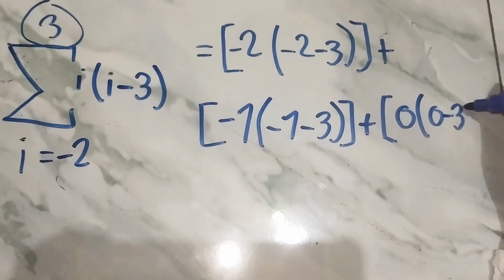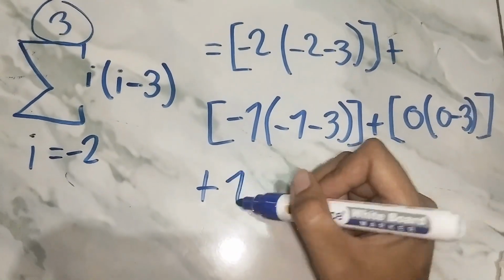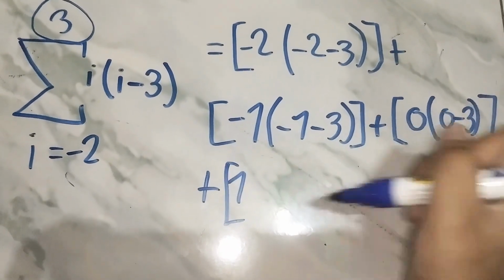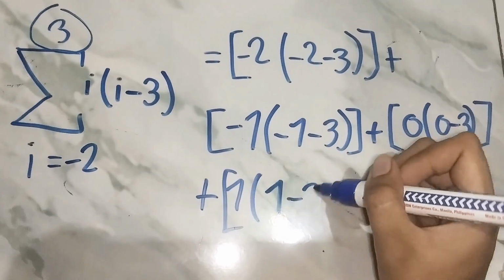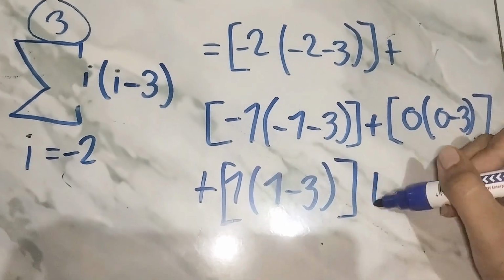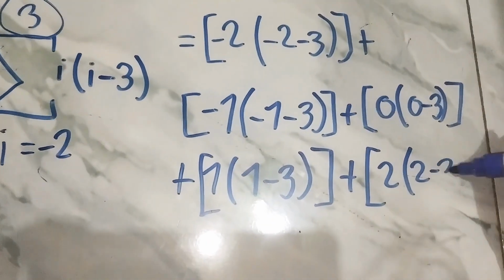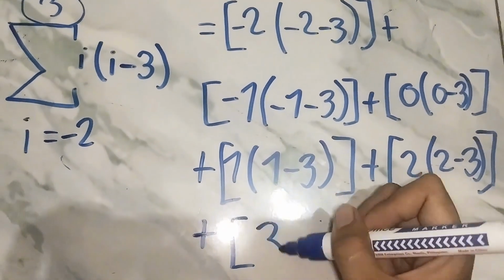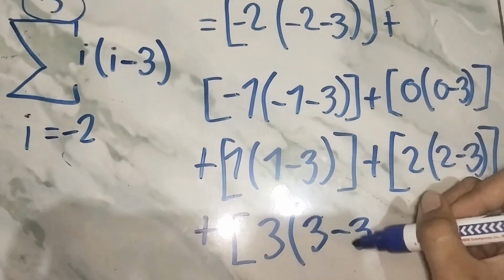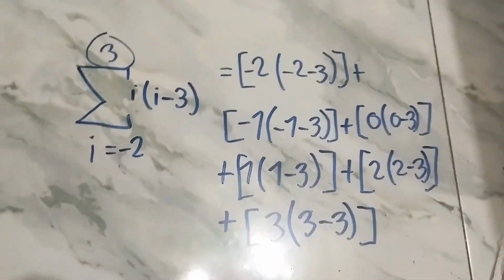0 minus 3 here, and then plus we have 1. Positive this time since we passed the negative part. And then 1 minus 3 here, and then we have 2 minus 3 plus, and lastly 3 minus 3. So this is what I mean.